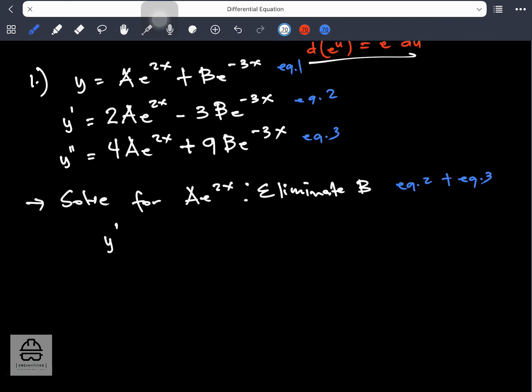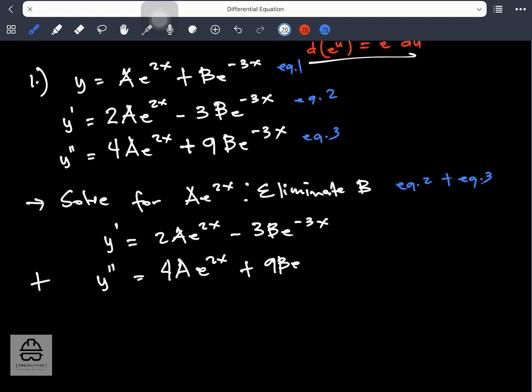So our equation 2 is y prime is equal to 2ae raised to 2x minus 3be raised to negative 3x plus our y prime prime is equal to 4ae raised to 2x plus 9be raised to negative 3x. Okay? Our goal here is to find the value of ae raised to 2x, but we have to eliminate the b first.